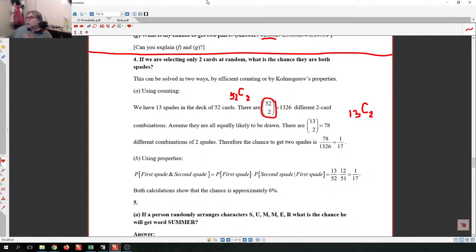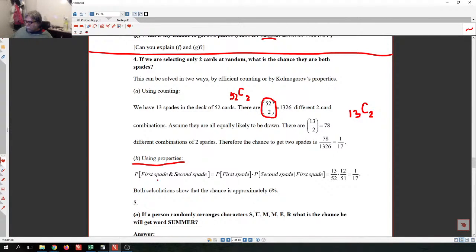Okay, but I want to calculate this same probability by using properties of probability. The property of probability I'm going to use here is property number 6, which says if you are drawing 2 cards out of this deck of 52 cards, and both of them are spades, that means that you have first card drawn spade and second card drawn spade.